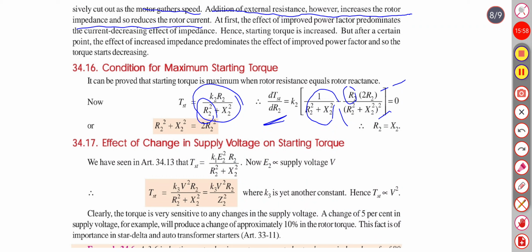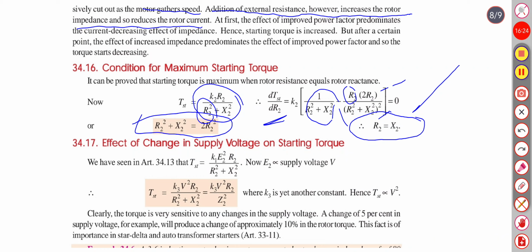Finally, R2 square plus X2 square will be 2R2 square, and from this we will get R2 equals X2. So this is the condition to get the maximum starting torque, that the rotor resistance should be equal to the reactance of the rotor.